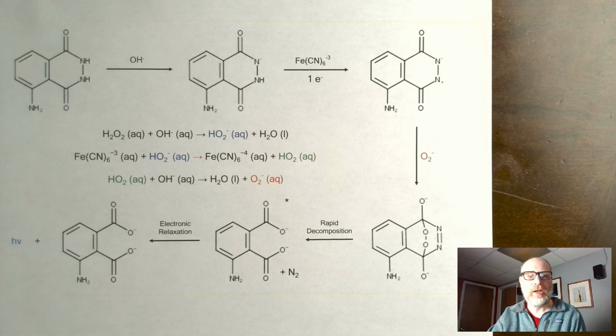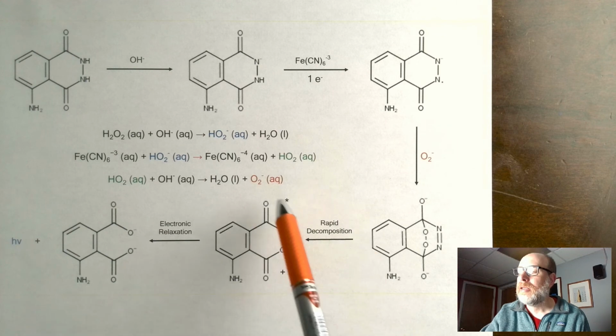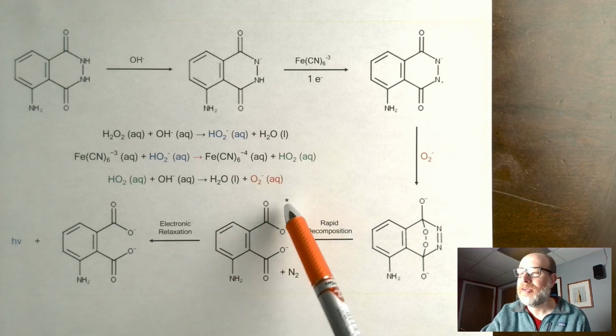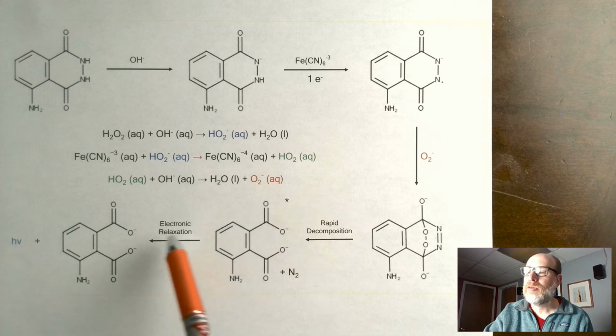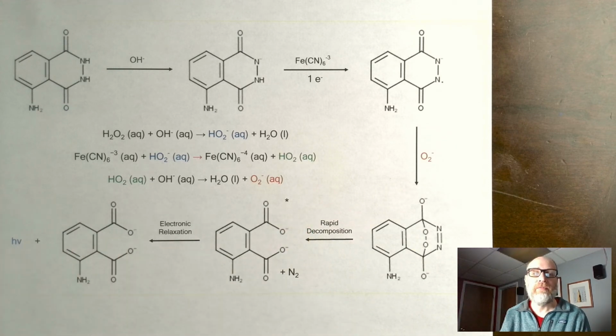Very complex, very complicated. The important thing is to understand we have oxidation of luminol that leads to a product that has electrons in the excited state. When those electrons relax back down to the ground state, it gives off a photon, and that photon has that characteristic luminol blue color.